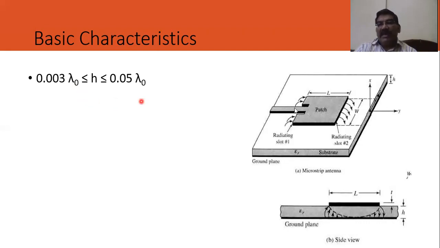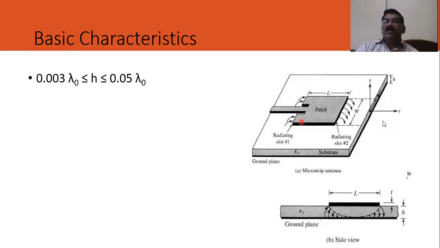Now the parameters. The thickness, this parameter h, is the height of the antenna. This is a very planar antenna, the height is very small, maybe in the range 0.03 lambda 0 to 0.05 lambda 0.